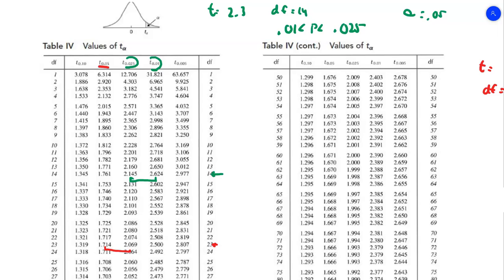So it's between 0.05 and 0.025. But it's still less than 5%, so you have enough evidence to reject the null. If it were, let's say, between 0.05 and 0.10, then you would not have enough evidence to reject the null.